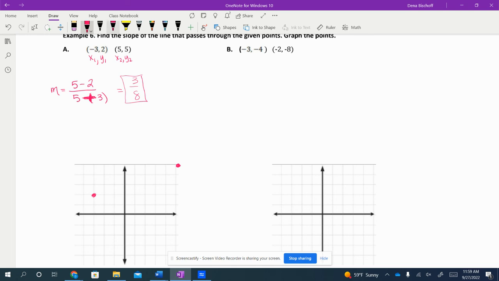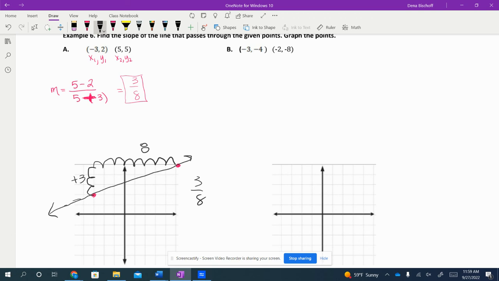Okay, just do your best to plot them on there. So once I plot those points and connect the lines, here's what I want to show you. We calculated the slope using y2 minus y1, but I could have counted it. I go up 1, 2, 3, and over 1, 2, 3, 4, 5, 6, 7, 8.